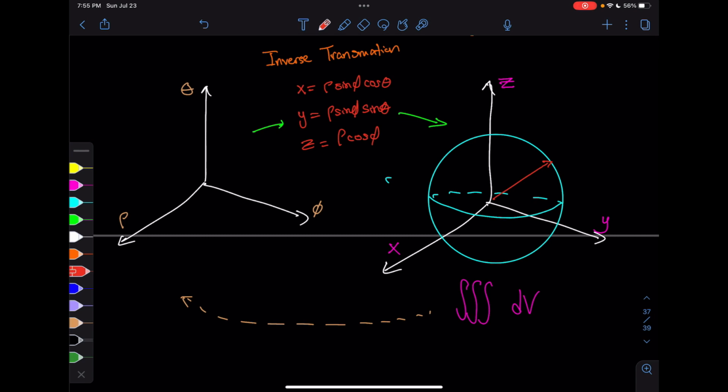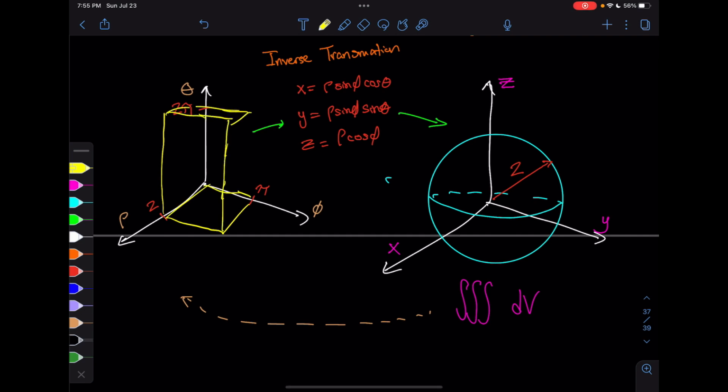So let's say this is a sphere of radius 2, then rho goes from 0 to 2, phi goes from 0 to pi, and theta goes from 0 to 2 pi. It gives us this nice rectangular region of integration, and that's why we get to use these really nice bounds.